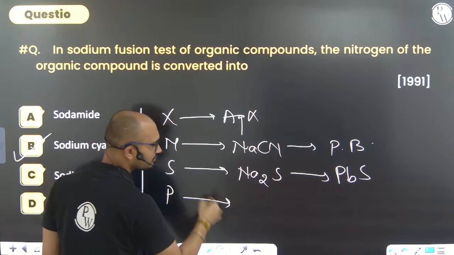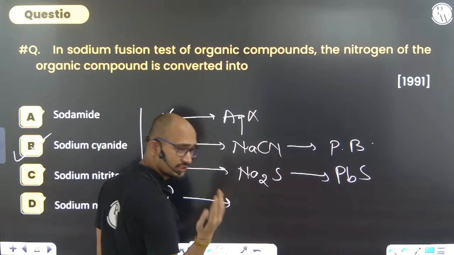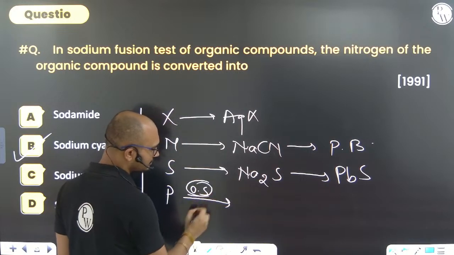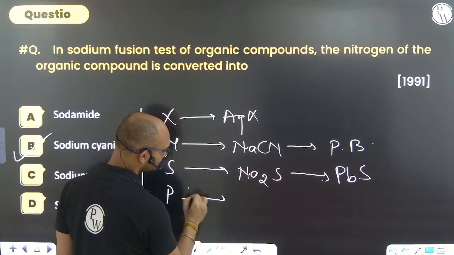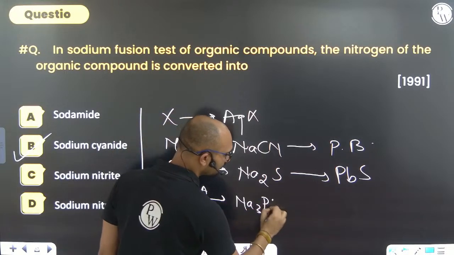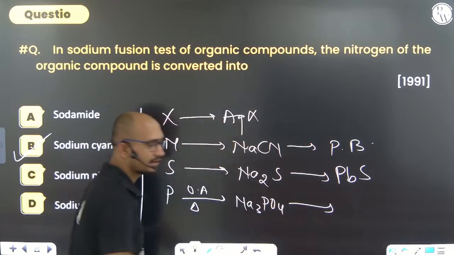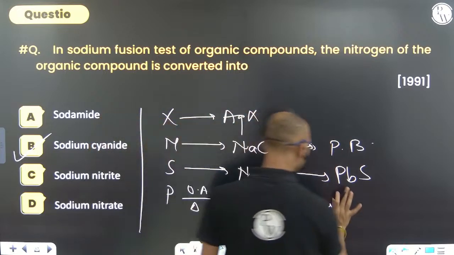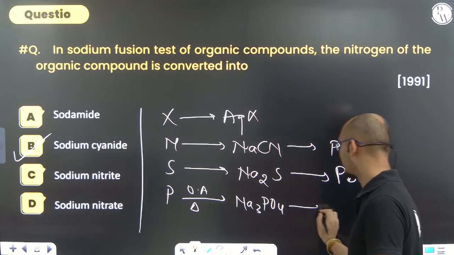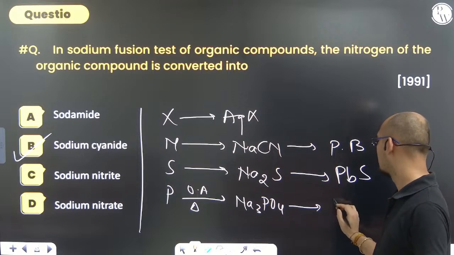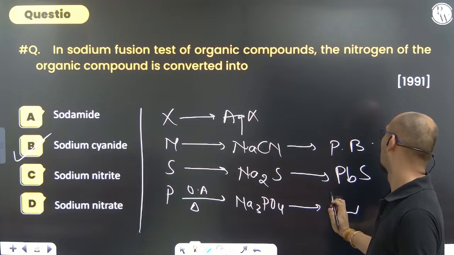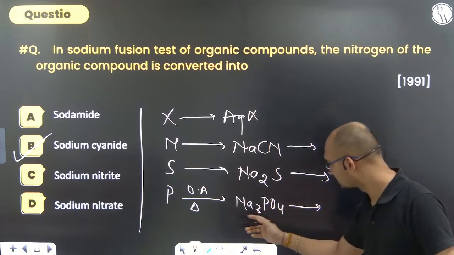If there is phosphorus, first of all, two things are there. First of all, we have to give it in the presence of an oxidizing agent, and we have to give heat. It converts into sodium phosphate. Then we make it react with ammonium molybdate.